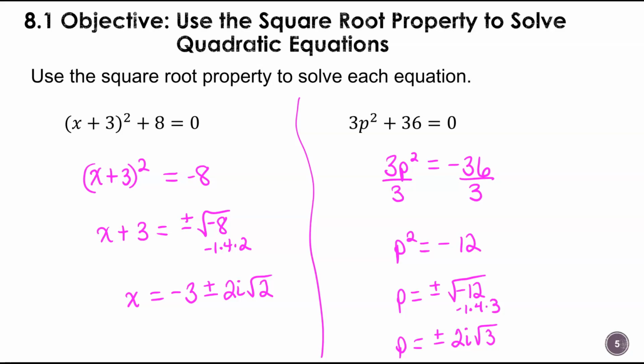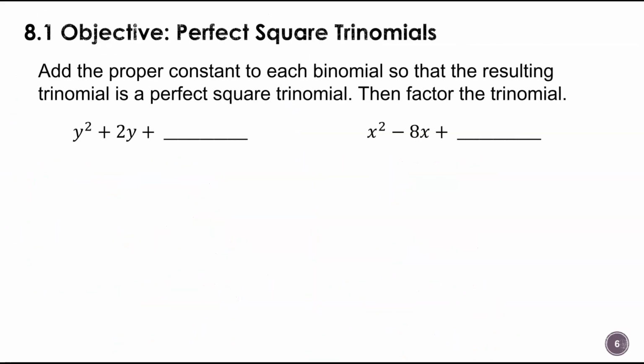Okay, so next we're going to practice a concept leading to completing the square. This is where we take an expression and rewrite it as a perfect square trinomial, and there is a certain way to do that, and then we factor it.